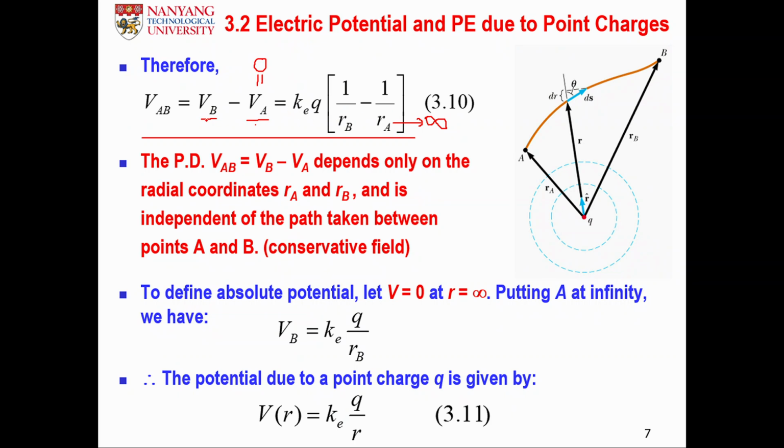So VB equals this, the potential due to a single point charge Q at a distance RB. And of course, we can generalize this to any value of R: V equals KQ over R. This is valid only when Q is a point charge.